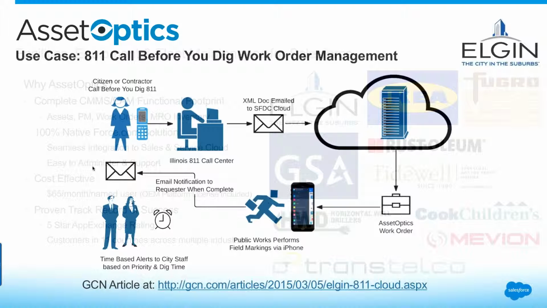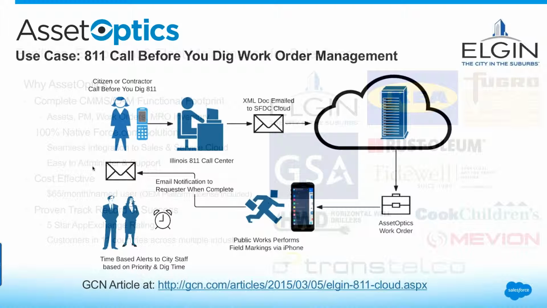There are a set of rules that evaluate all the details of that particular work order. And most importantly, it's looking at the priority and the requested marking times that's driven from when the dig needs to happen.